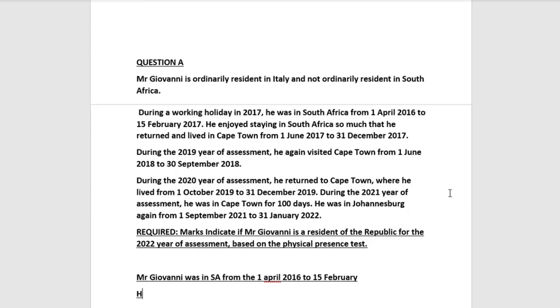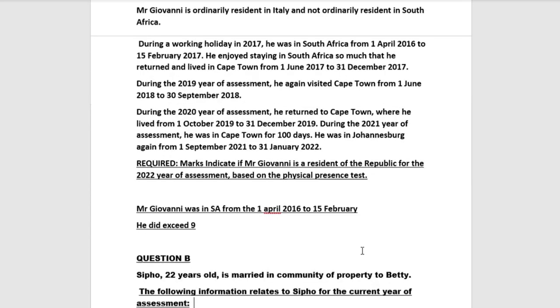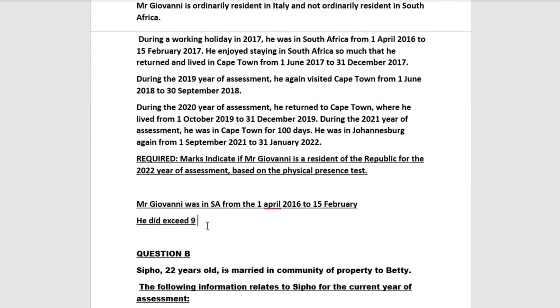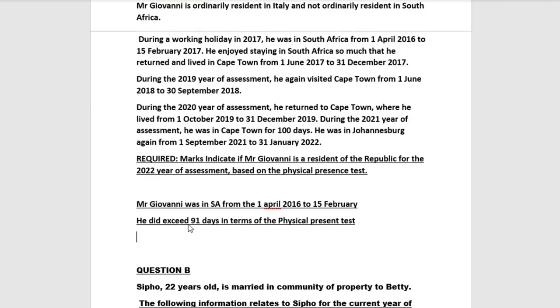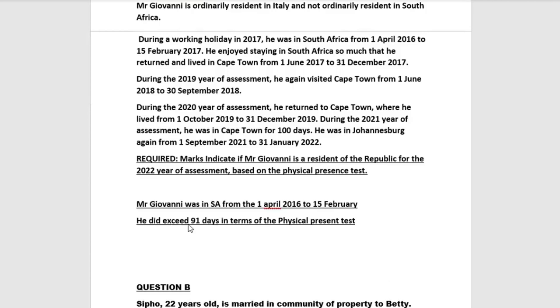And then also in the same year, 2017, he stayed in South Africa from 1st of June to 31 December.